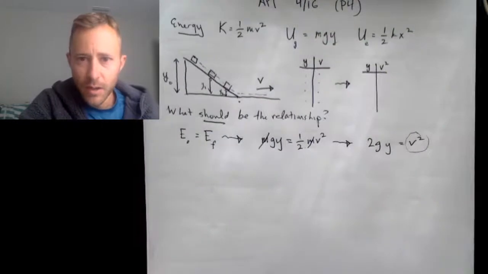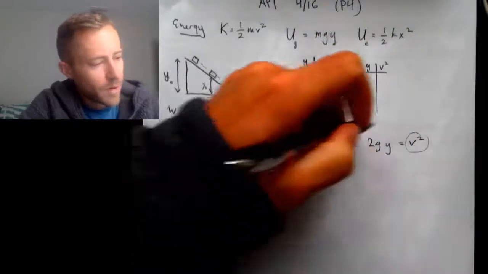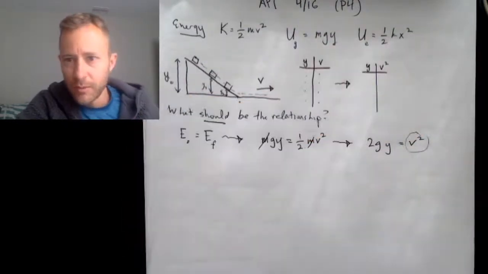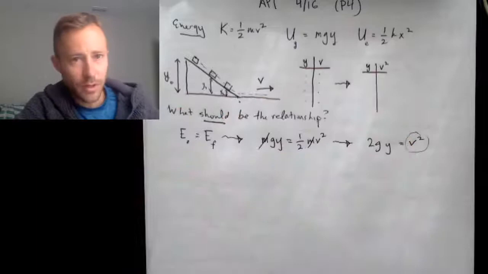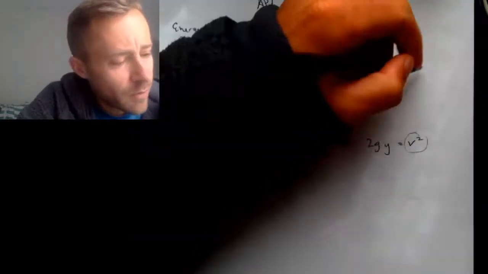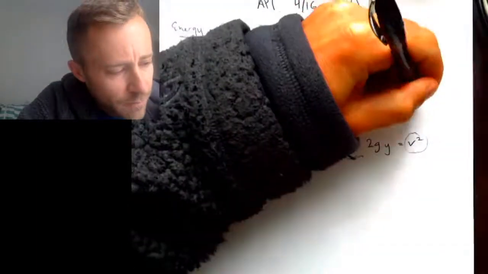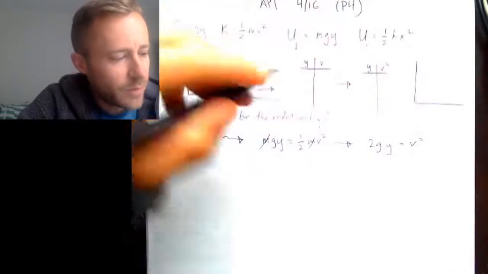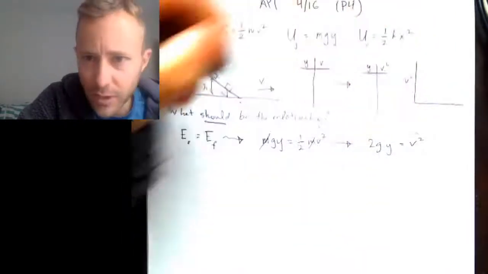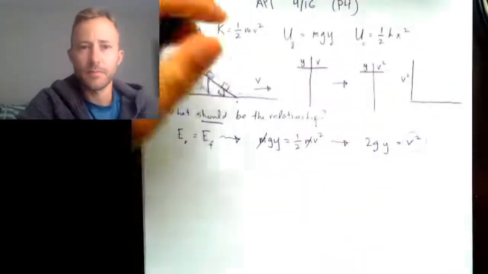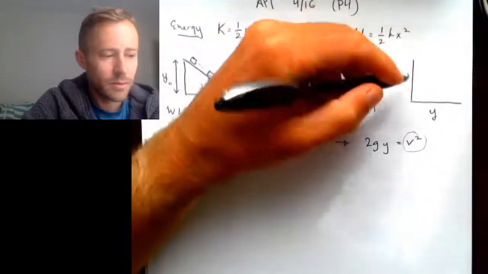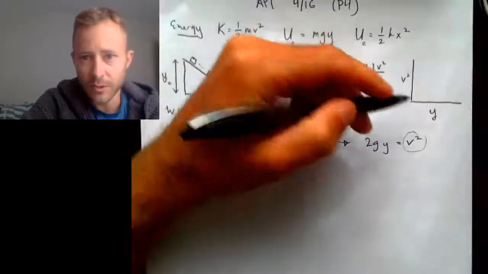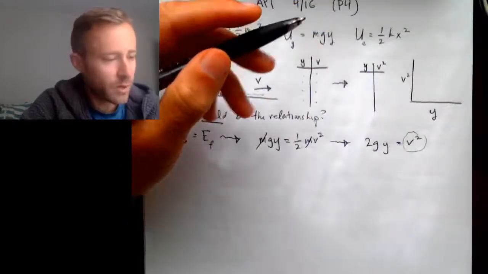Okay, because my model equation from applying the equations of physics, I get v squared in that equation. And then what I would do is I would graph v squared on the vertical axis and y on the horizontal axis, okay?